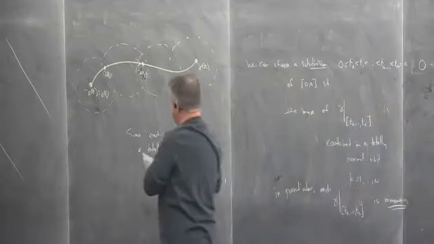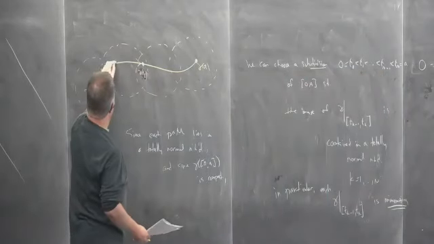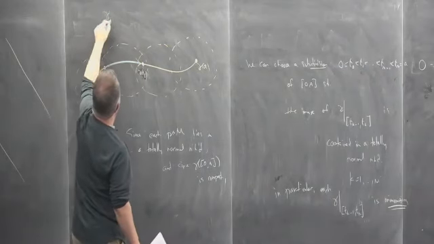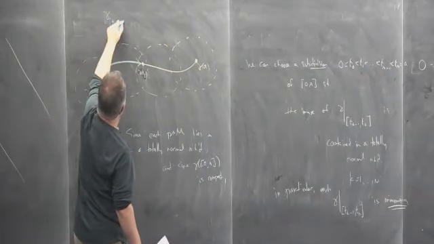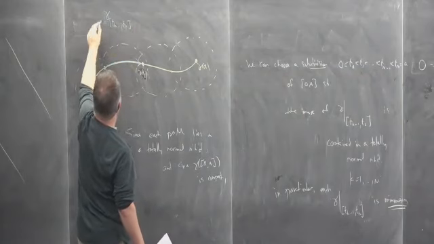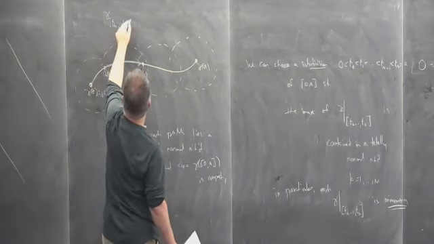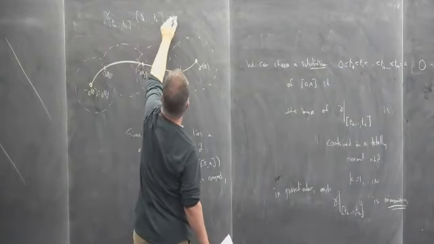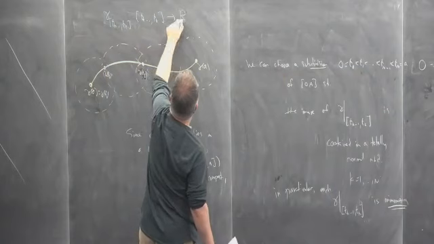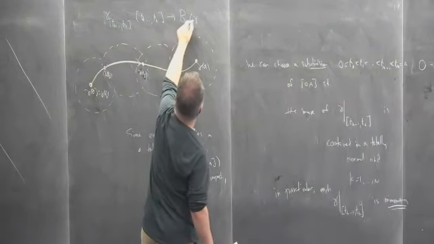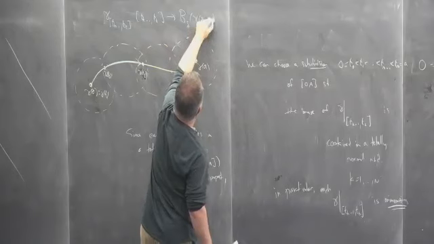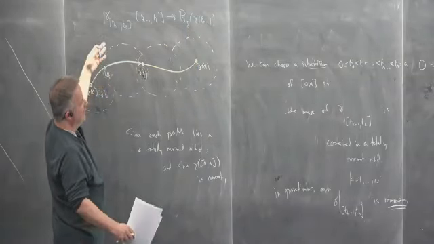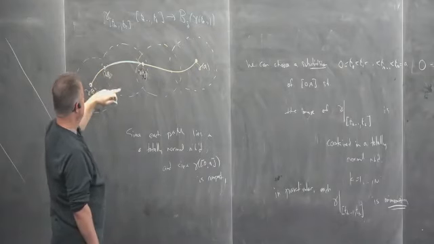Right? That's because each of these segments lies completely inside a totally normal neighborhood. So this maps from Tk minus 1, Tk into the ball of some radius delta centered at gamma of Tk minus 1. Right? Because it maps into this totally normal neighborhood, which is contained inside a normal ball centered at each of its points.